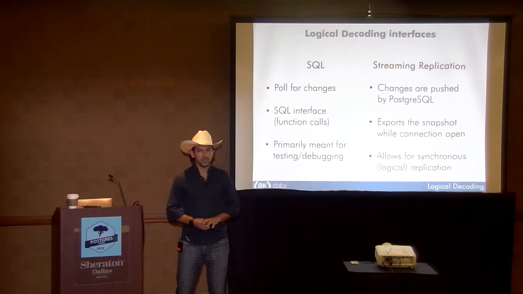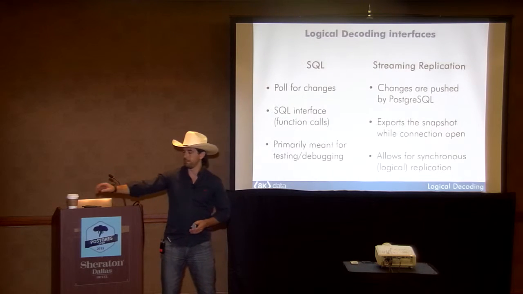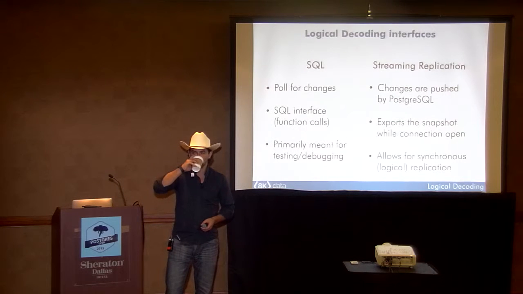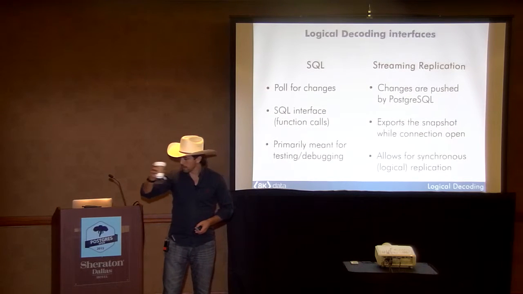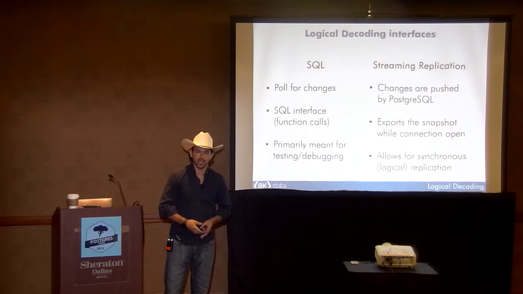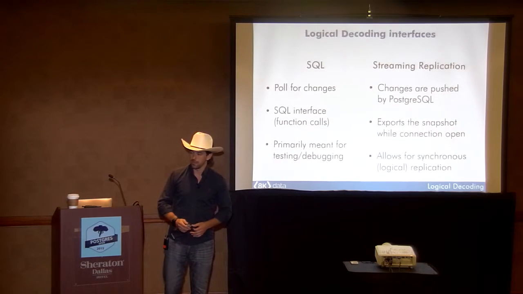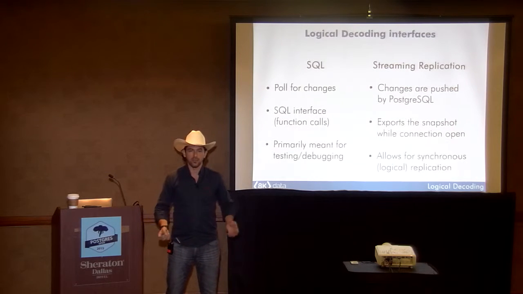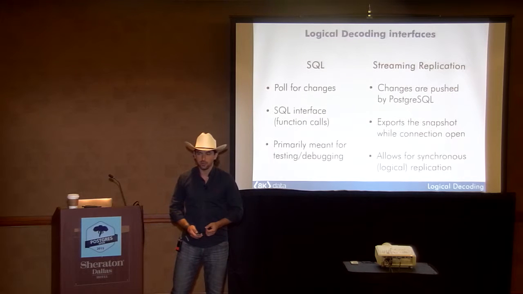There are basically two ways of interfacing with the logical decoding process in Postgres. The first one is the SQL interface, and the other one is the Postgres replication protocol, the replication interface. The SQL interface is easier to use. It's very handy. It's mostly meant for testing purposes.